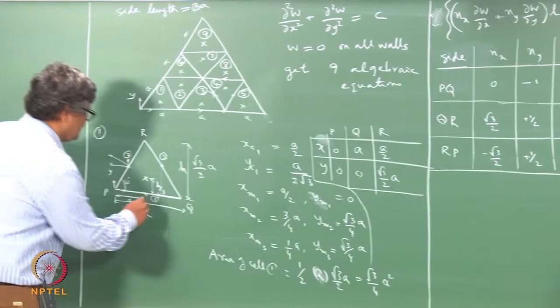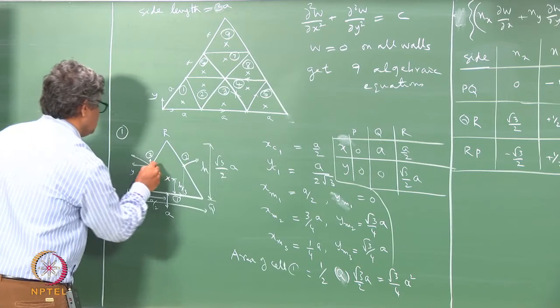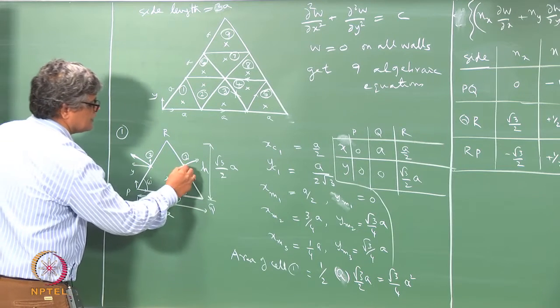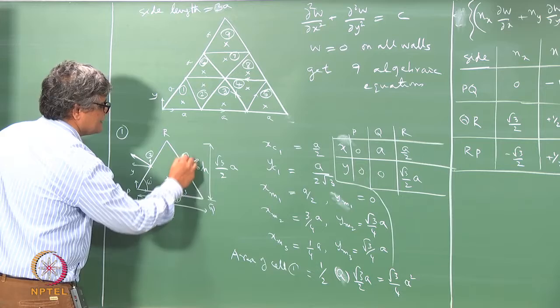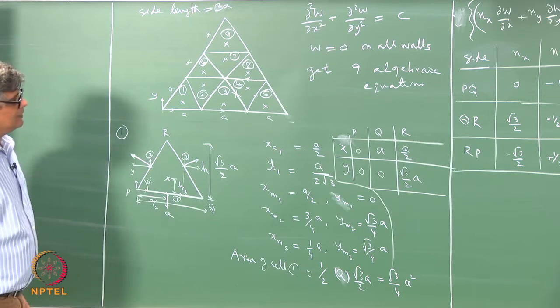So the three normals are like this. Okay, so here this is Nx, Ny, Nx, Ny, so Nx is negative and equal to this.